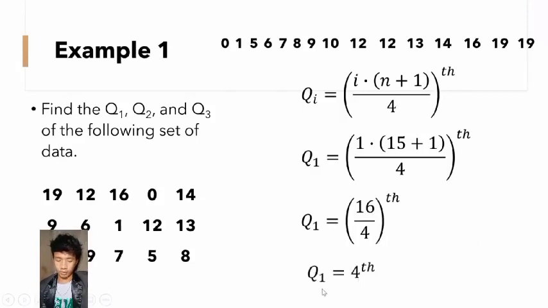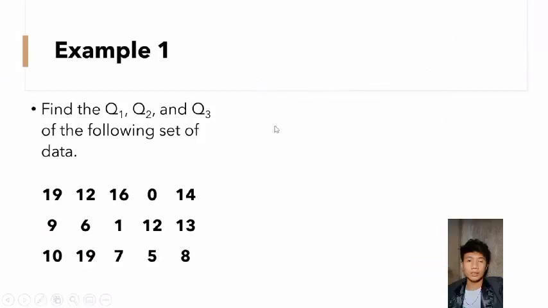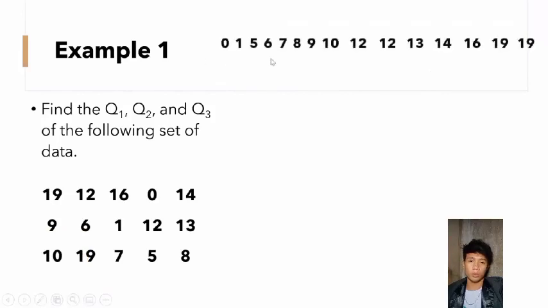Meaning quartile 1 is the fourth data. So we count 1, 2, 3, 4, and that is 6. Therefore quartile 1 is 6.